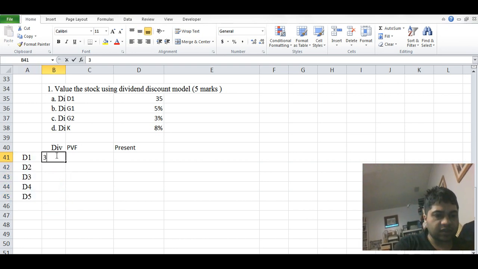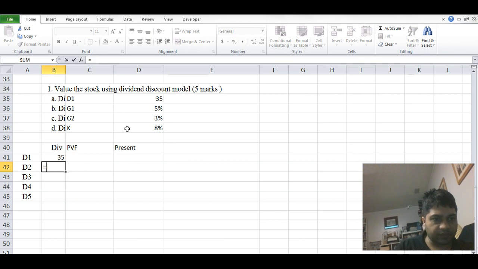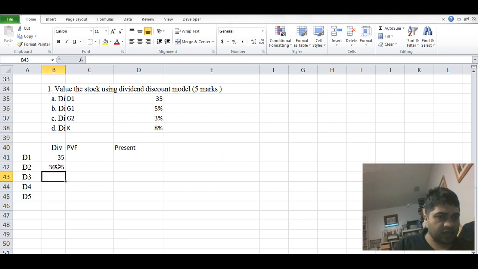So what are the dividends? The dividend next year they have given, so D1 is 35. D1 is growing for the next few years at 5%, so G1 is 5%. So 35 multiplied by 1.05 is D2. D3 will be D2 grown at 5%, D4 will be D3 growing at 5%, and D5 will be D4 growing at 5%.